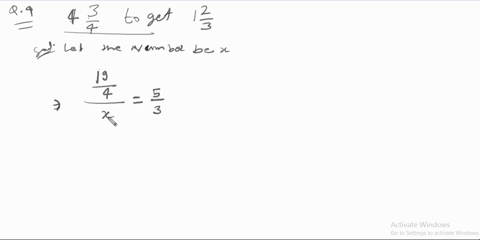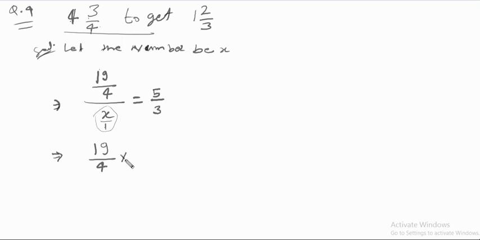Now let us convert it into the form of multiplication. There is nothing in the denominator of x, so we assume it is 1. 19 upon 4 divided by x upon 1. If we transfer it into multiplication, it will be reciprocal.